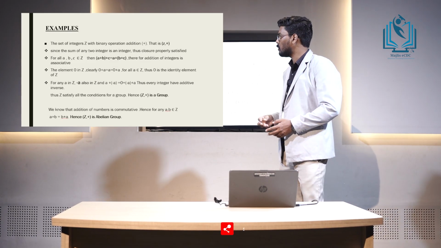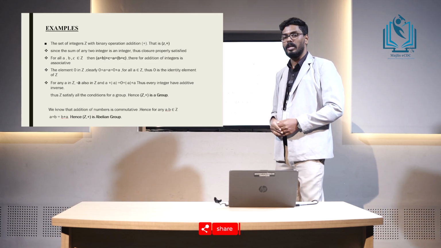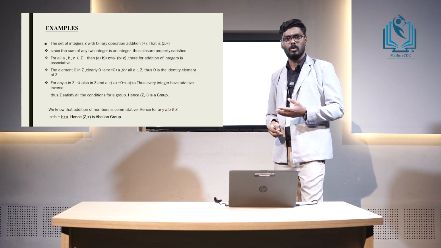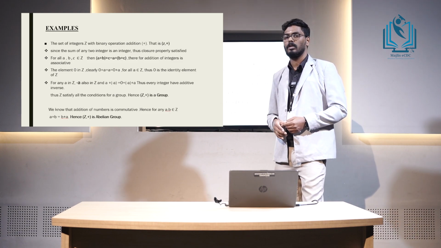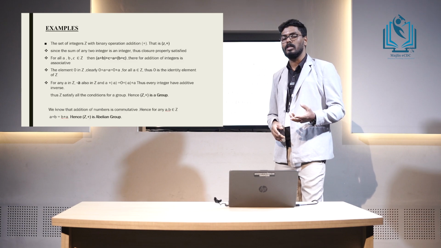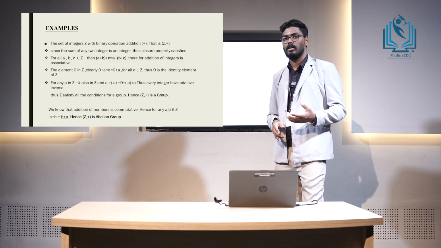Now, let's get into some examples of groups. First, I am considering the set of all integers along with the binary operation addition, that is the usual addition. Now, I am checking the first property of a group. We know that the sum of any two integers is also an integer. Therefore, the first property, closure property, is satisfied.